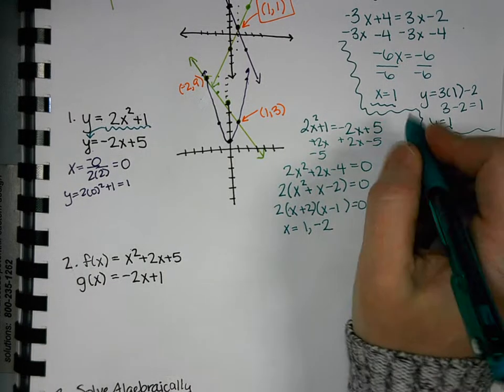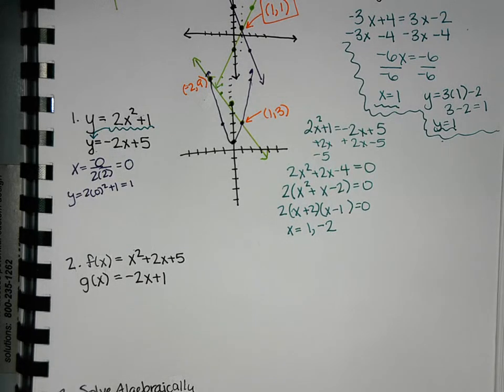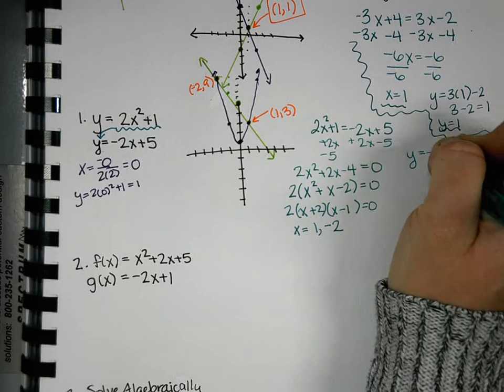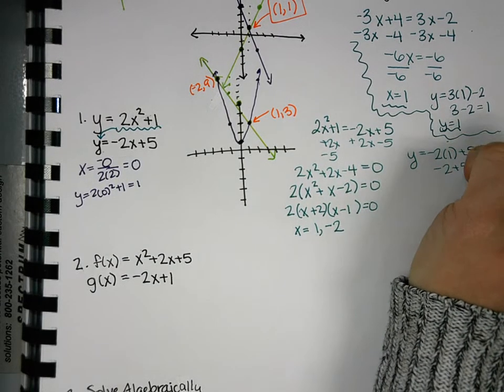So what we have to do for the y values is we have to find the y value that goes with each one. So we're getting two answers here. Now, which equation do you think is easier to plug into? The parabola or the line? The line. So pick the easier one. Don't make yourself do the parabola if you don't want to do the parabola. So we'll have y equals negative 2 times 1 plus 5. So negative 2 plus 5 is 3.